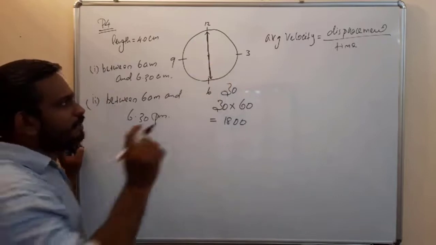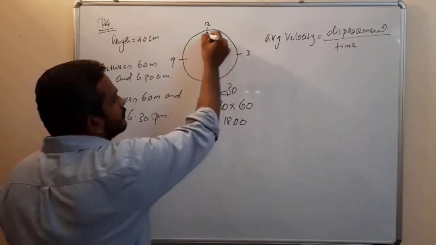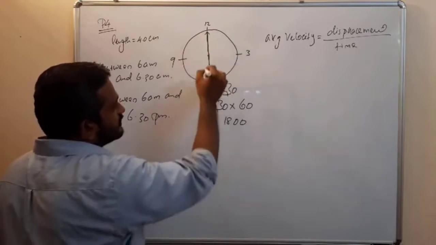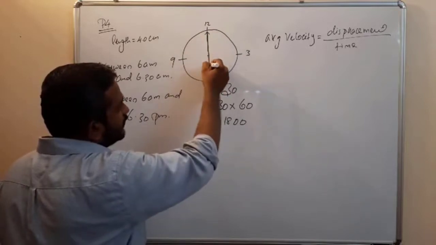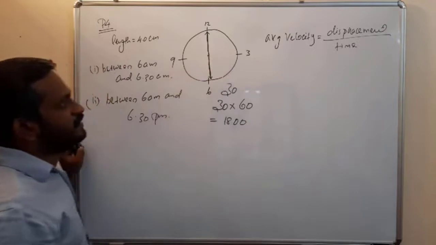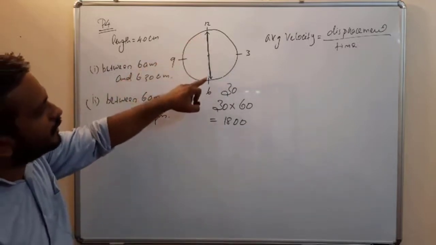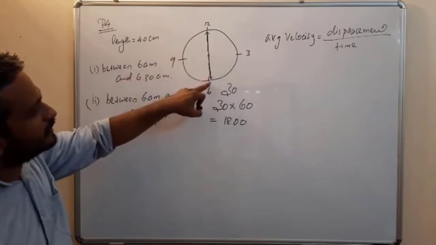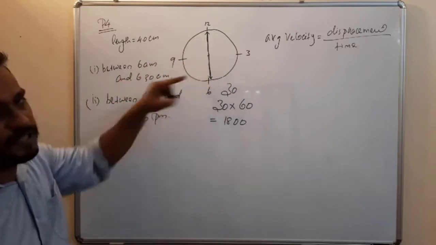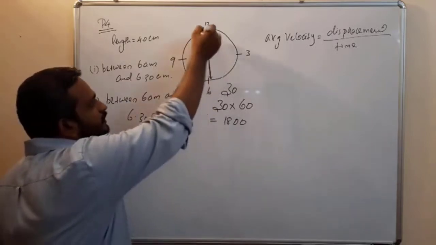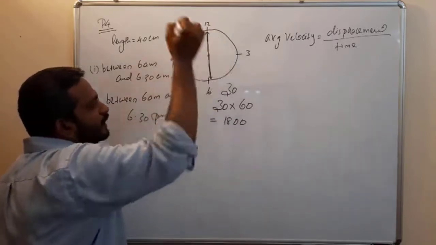6 a.m. means this is the position of the minute hand. When it reaches 6:30 p.m., the minute hand is in this position. So the displacement starting point is this one, and the end point is the position at 6:30 p.m. What is the displacement? The distance from the start point to the end point.